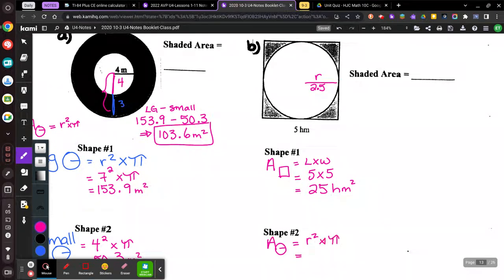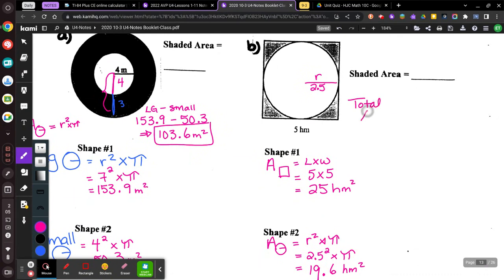And we know r is 2.5, so 2.5 squared times pi. That's going to give us 19.6 hectometers squared.